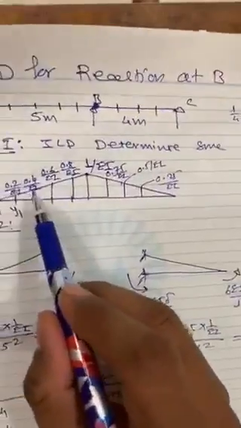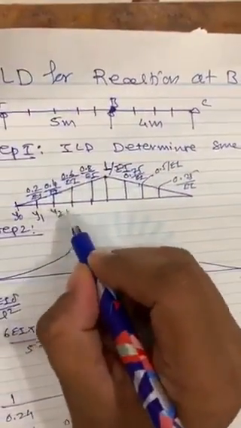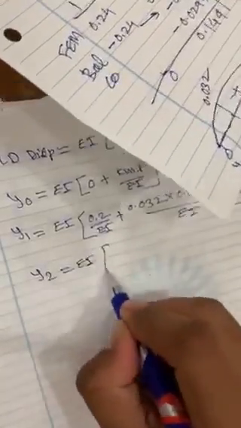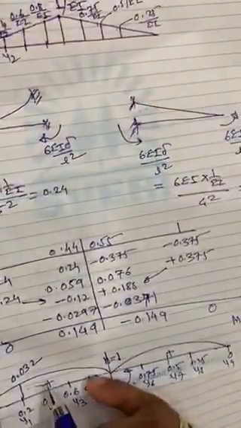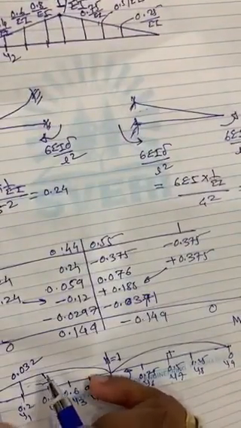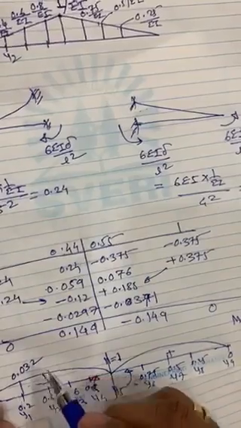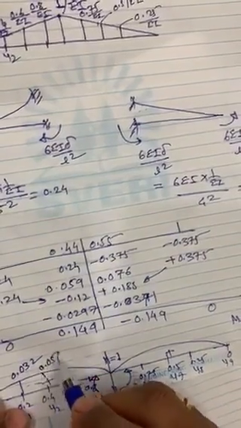Note here the determinate displacement for y2 will be 0.4 by EI, so it will be EI into the bracket 0.4 by EI plus the k value for 0.4, which is 0.4 minus 0.4 cube by 6, that will be 0.056.